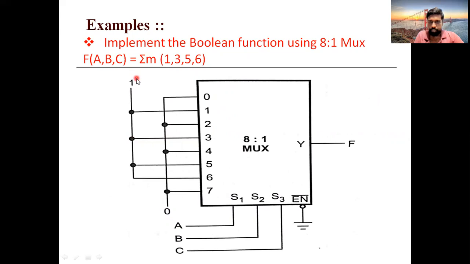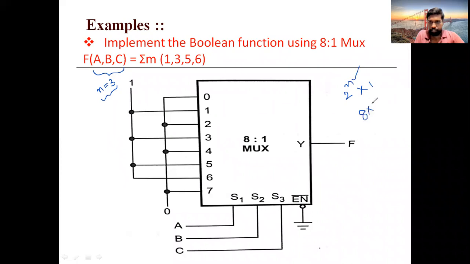Very easy. First we verify whether the asked multiplexer is satisfying the given question or not. The given question consists of n equal to 3. Substitute n equal to 3 in the representation of multiplexer, 2 power n into 1, and I get 8 into 1.